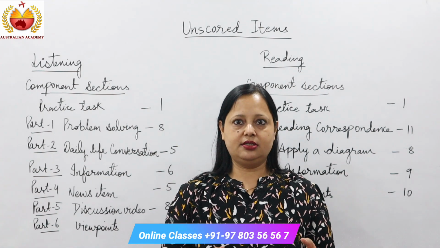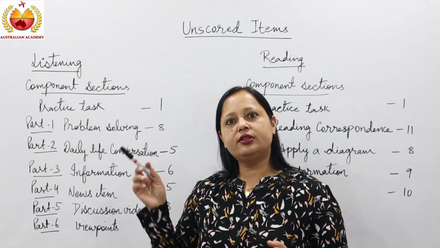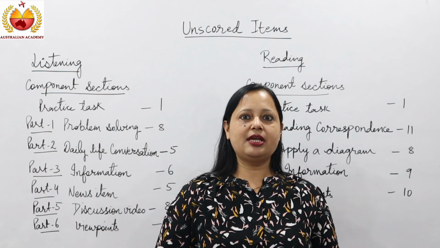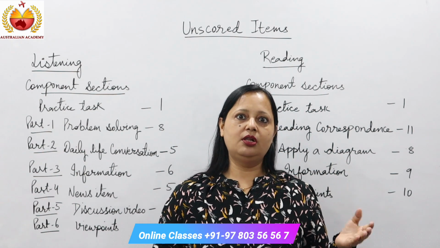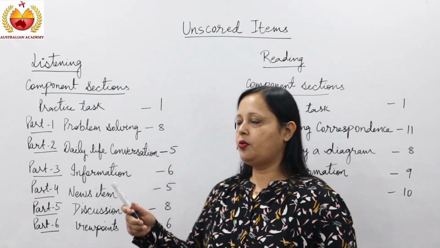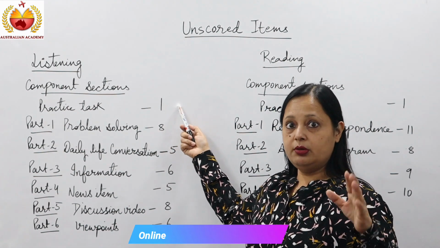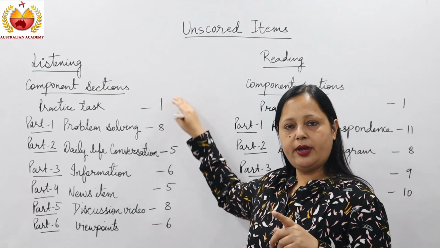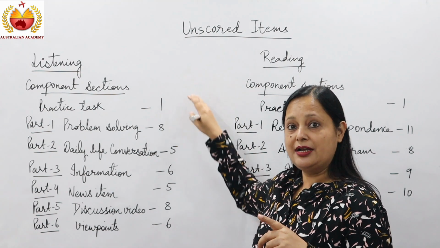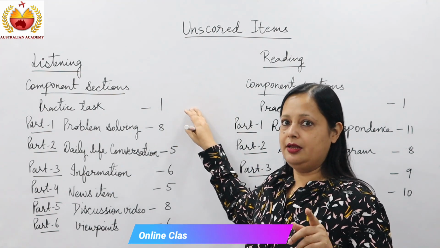It never changes. If you want to see what this first question is, you can visit the CELPIP official site and there will be a free test available. When you take this test, you can see the question over there. The same question will be there in your real exam, and students get confused with this question and the unscored item. So that is not an unscored item exactly, right?